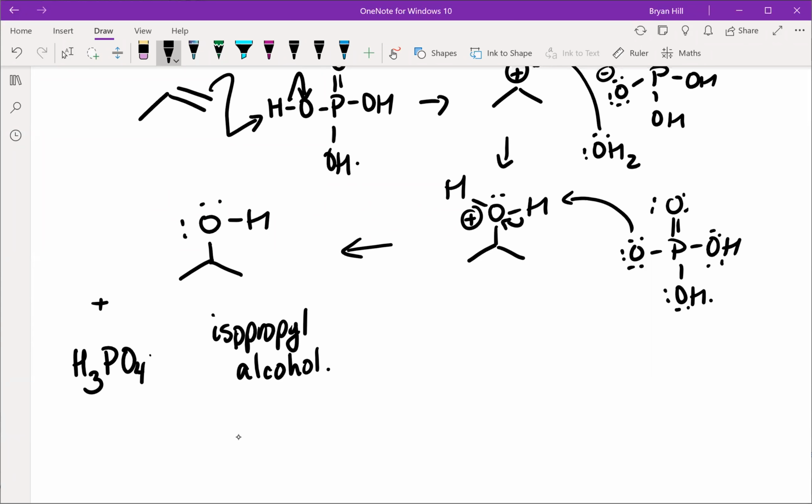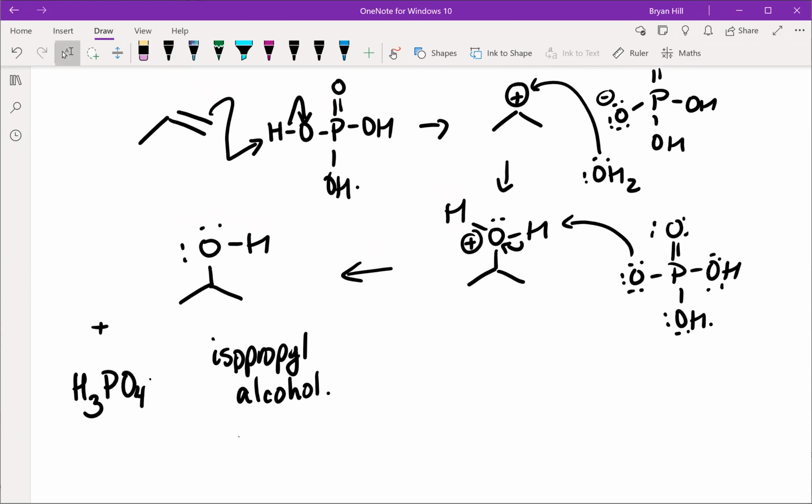Okay, now one of the things you'll notice here is that if I start with propene and I do this reaction with phosphoric acid and water and we heat it up and we make isopropanol, you'll notice that we make isopropanol and not propanol. So we wouldn't be making this.